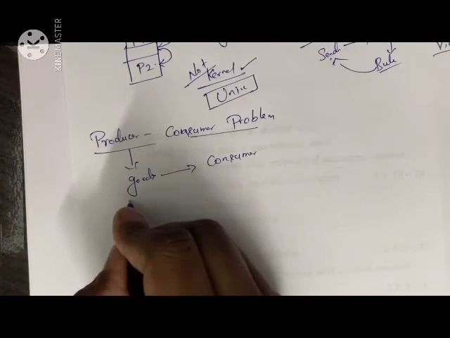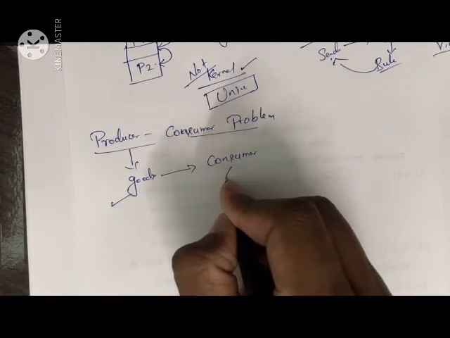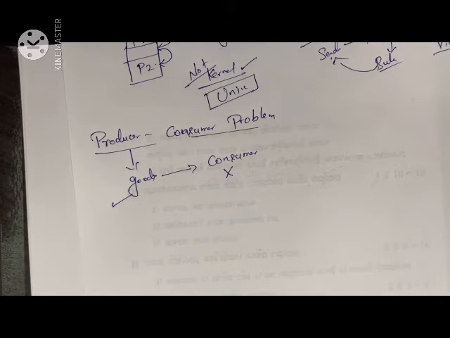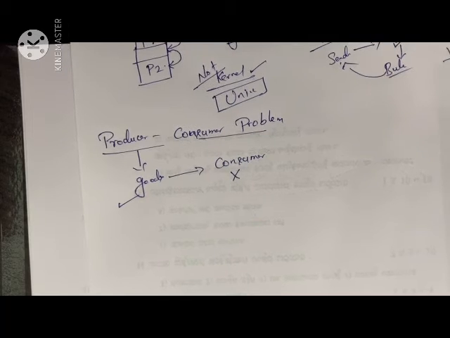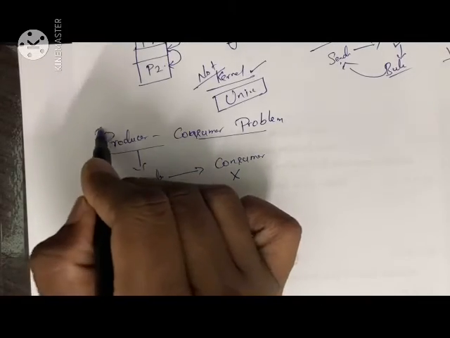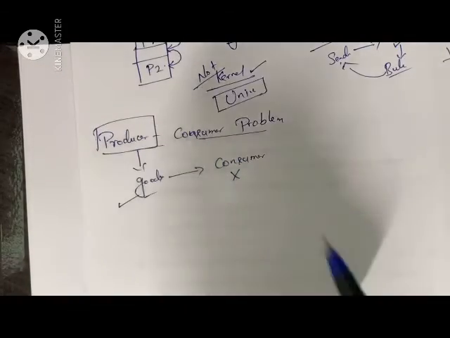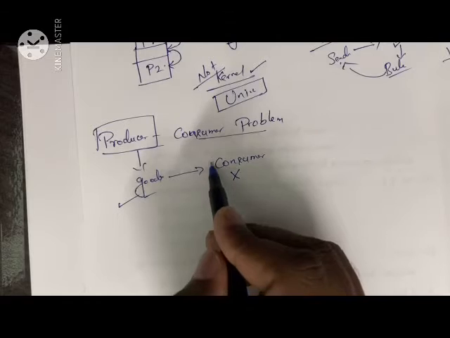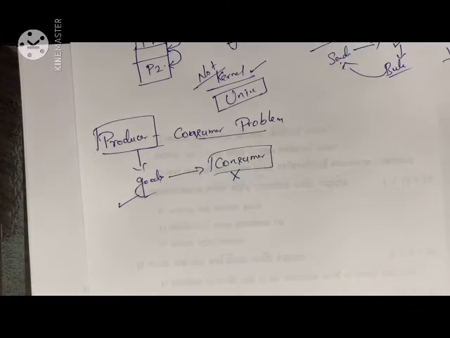Until the producer produces the goods, the consumer cannot consume. It is just like until you have the facility or the resource, you cannot use it. The producer is the person who produces the goods, and until the goods have been produced, they cannot be used by the consumer.